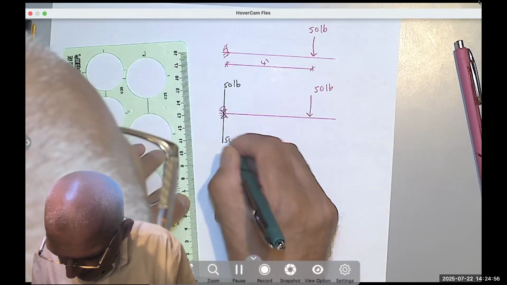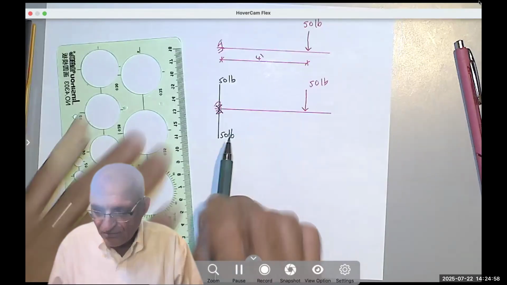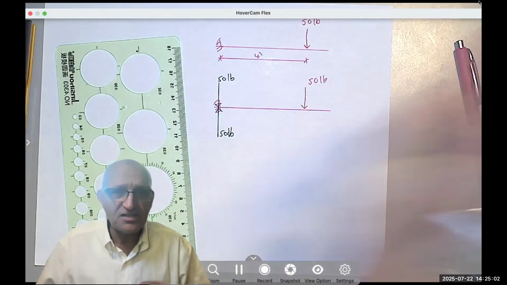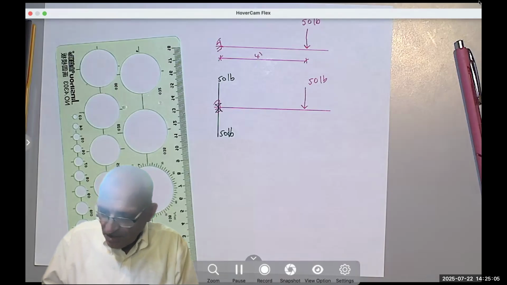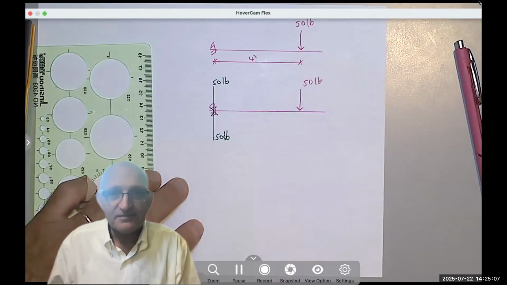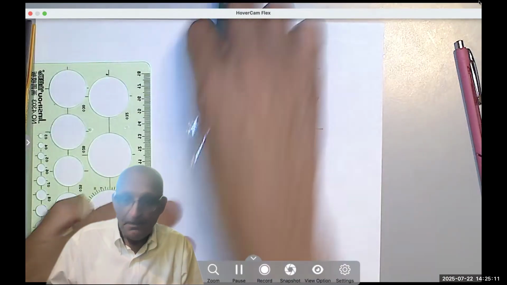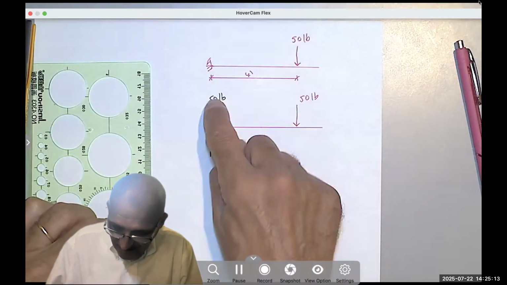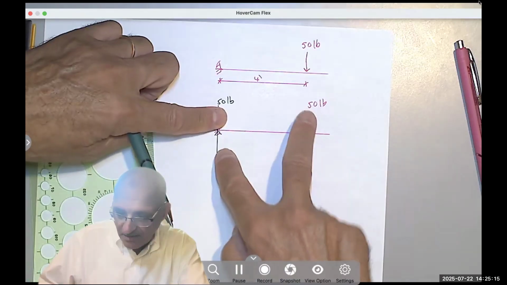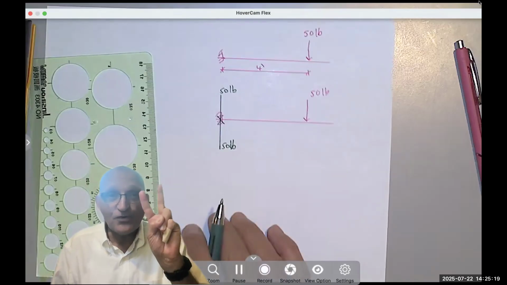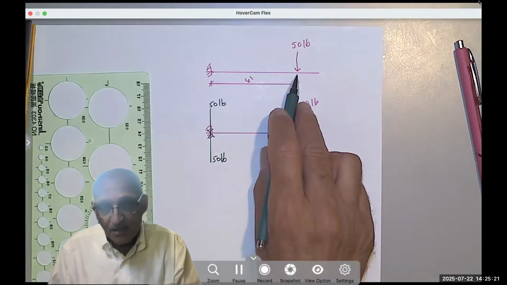So I'm going to apply a force of 50 pound going up and another one going down so that I didn't change the system. So it's as if I took this 50 from here, moved it there. But by doing that, I created a couple, a clockwise couple. Do you see that? So now I have two things instead of one.